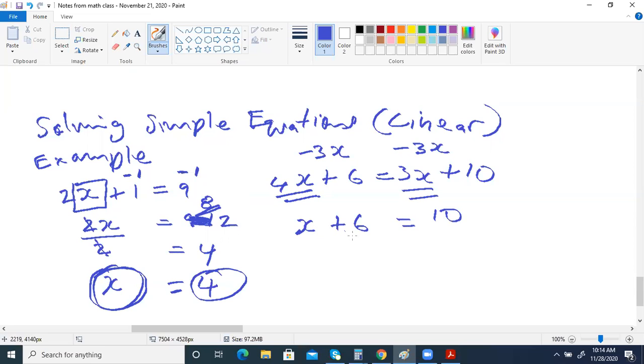Now, just as before, we want to get x by itself, so minus 6 from both sides. We get x is equal to 4. It's just a coincidence that I chose 2 questions with solutions 4, right? And that's the answer for that.